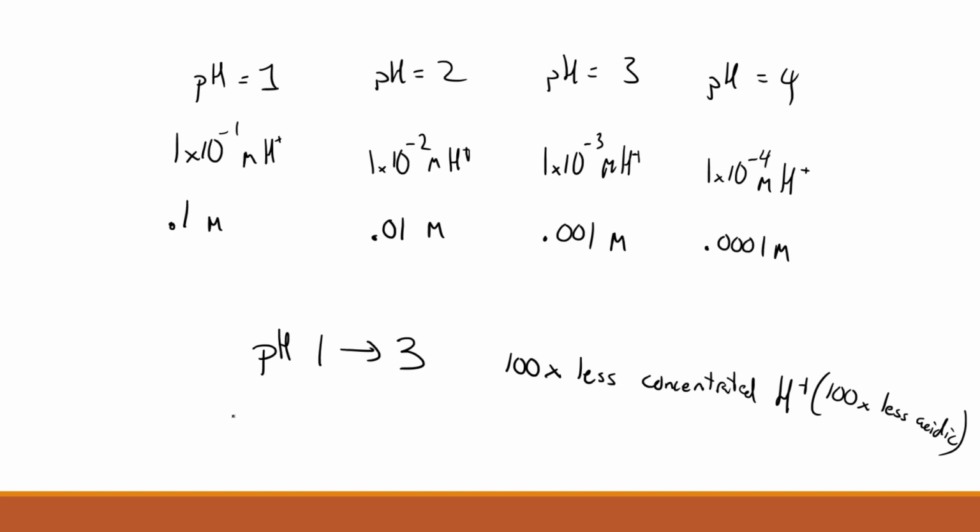And if you go the opposite way, from a pH of 4 to a pH of 3, one step is 10 times, and going down is more acidic.